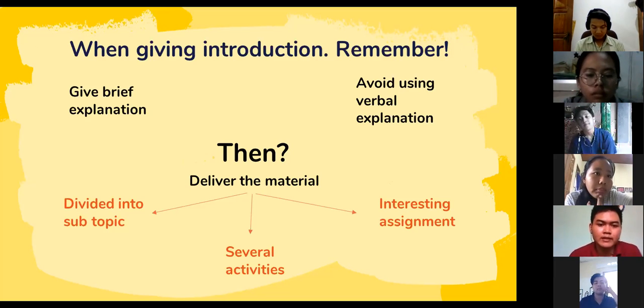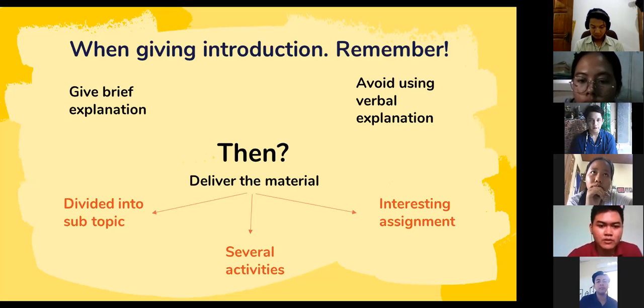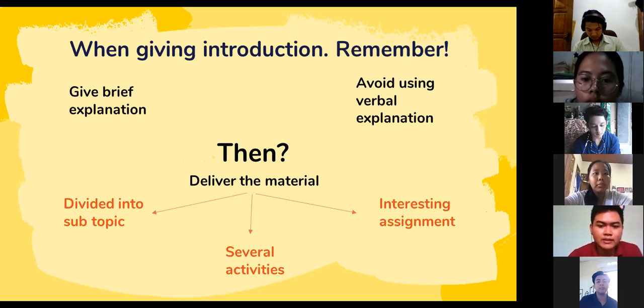And avoid using verbal explanation, because that will make the students confused. So to make it easier for the student to study and understand the material, there are some ways that can help the student in the learning process.